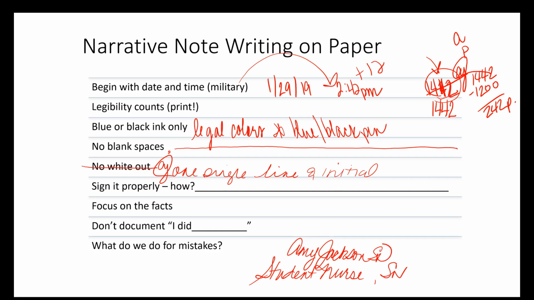So when you sign your notes, you need to make sure that your signature has SN afterwards. You also need to make sure that you have a printed name on there as well, so that you know what it is. And then you also put your initials so that someone can say, oh, look, Amy made 2 mistakes on this document here. Okay, so again, you're going to sign your name with your credentials.